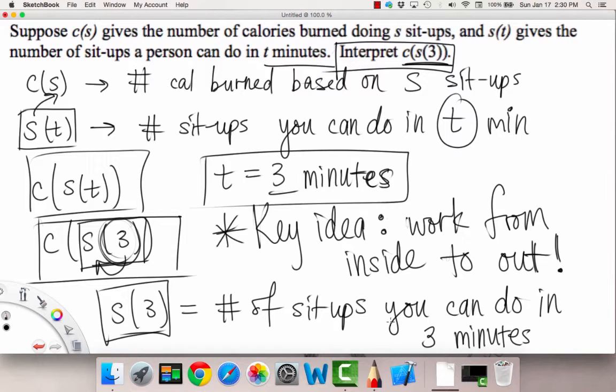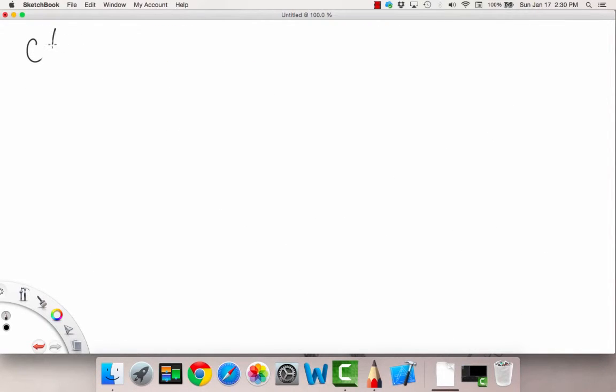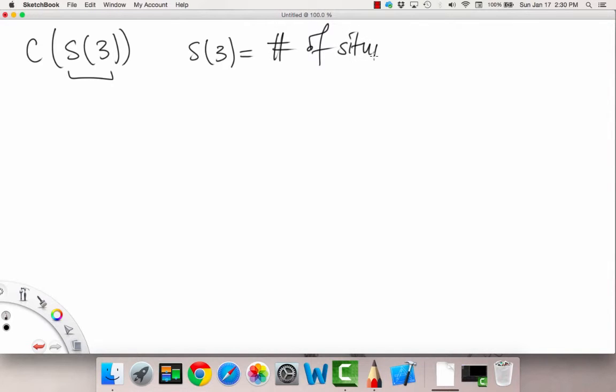Okay? Now we're not done because we can't forget about this C on the outside. So let me continue this on the next slide. So we have C of S of 3 that we're trying to break down. And now we know, well, this S of 3 is equal to the number of sit-ups you can do in 3 minutes, okay?